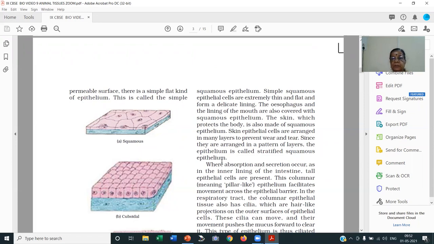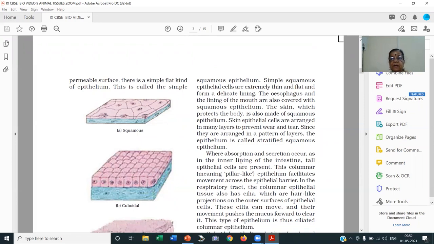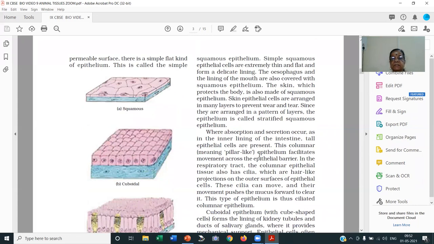Then where absorption and secretion occur, as in the inner lining of the intestine, tall epithelial cells are present. They are tall, pillar-like. It is called columnar epithelium, which facilitates movement across the epithelial barrier.